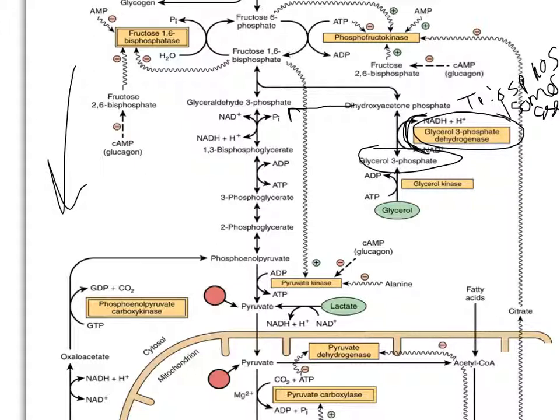Moving on from there, the G3P, glyceraldehyde 3-phosphate, gets converted reversibly to 1,3-bisphosphoglycerate, then to 3-phosphoglycerate, then to 2-phosphoglycerate, then finally to phosphoenolpyruvate.